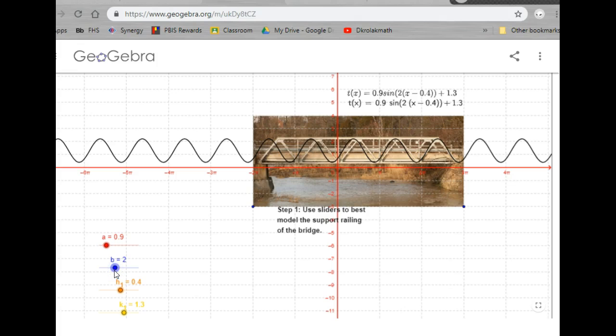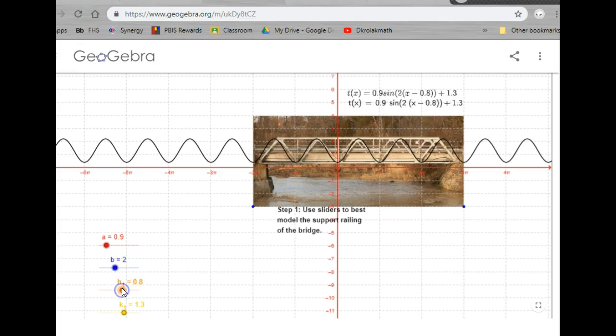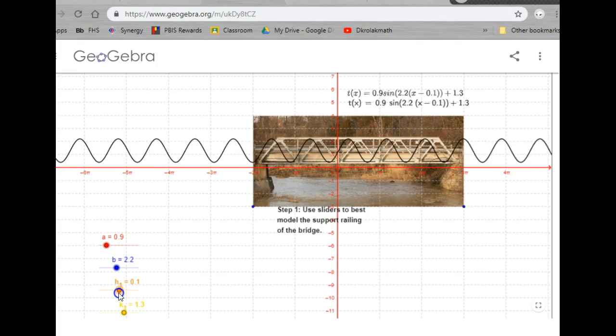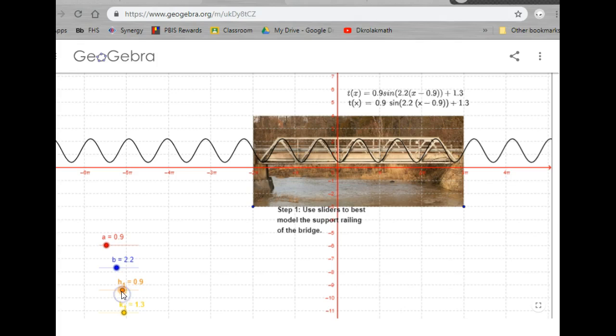The higher I make B, the more, there we go. So by just playing around with these a little bit, we can get an equation that's pretty close to modeling the curvature of the truss structure in that bridge.